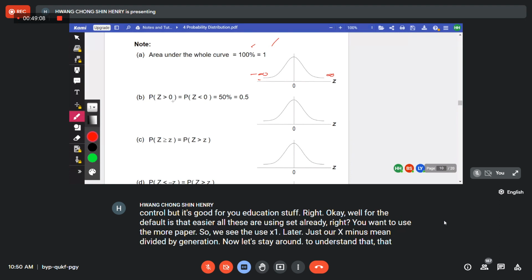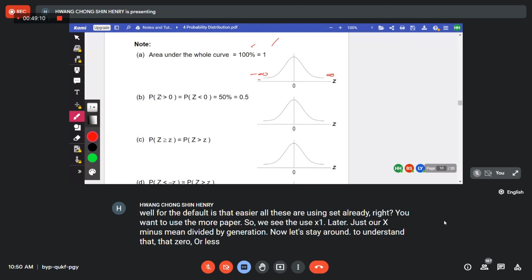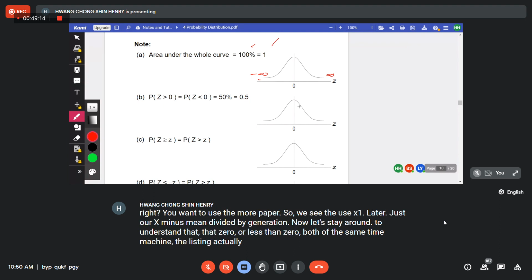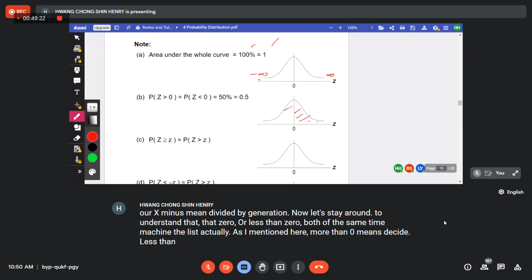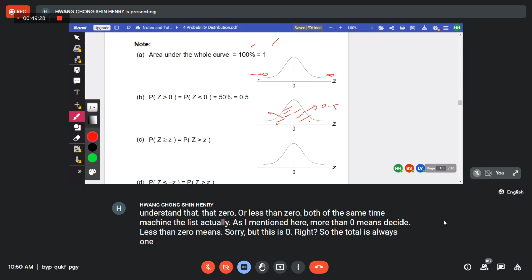Z more than 0 or less than 0, both are the same, as I mentioned the word symmetry, whether positive or negative. More than 0 means this side, less than 0 means this side, because this is 0. So the total is always 1, that's why we know each side is 0.5.